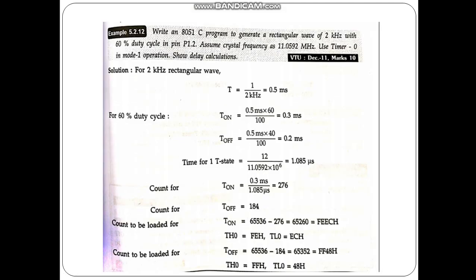Then we have to configure a pin as output pin. So this bit, my bit, is made 1. My bit indicates port 1 pin 2. Then a logic high signal has to be generated.